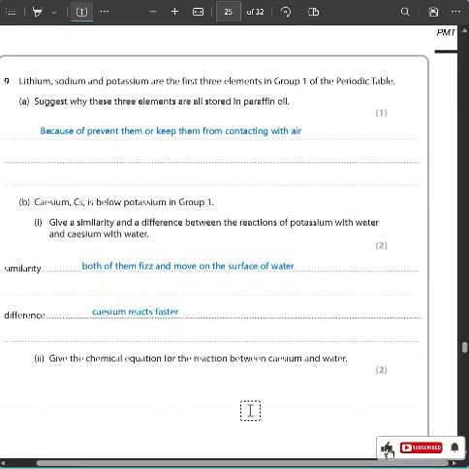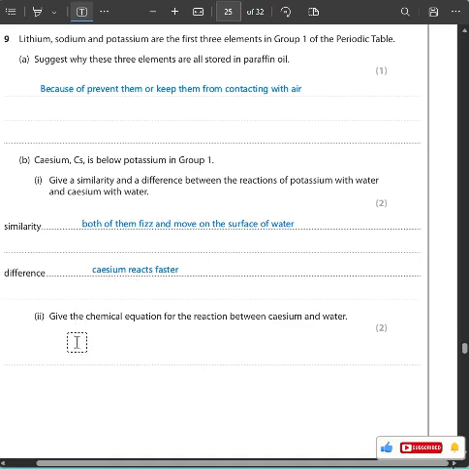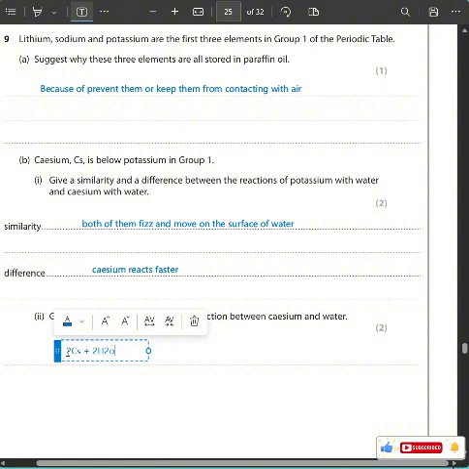Complete the chemical equation for the reaction between cesium and water: 2 cesium plus 2 H2O produce 2 cesium oxide plus hydrogen.